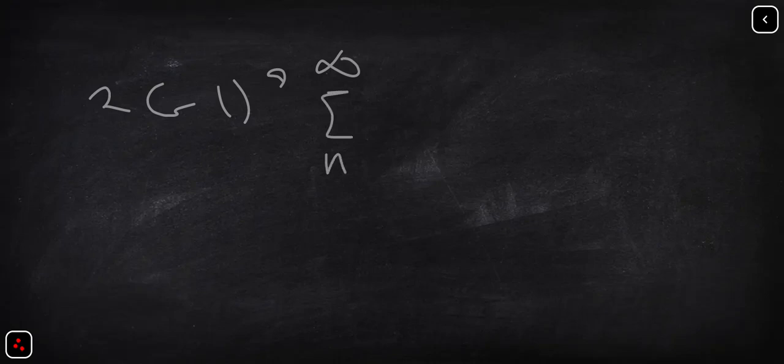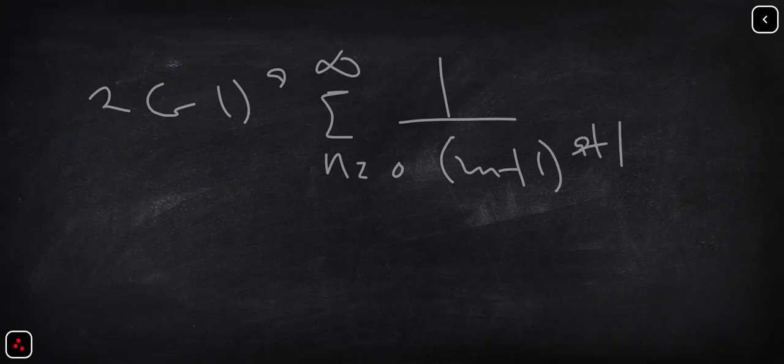2 multiplied by minus 1 raised to the power of a, then multiplied by the sum of n from 0 to infinity of 1 over 2n plus 1 raised to the power of a plus 1, then multiplied by the integral from 0 to infinity of e raised to the power of minus x, x raised to the power of a dx.